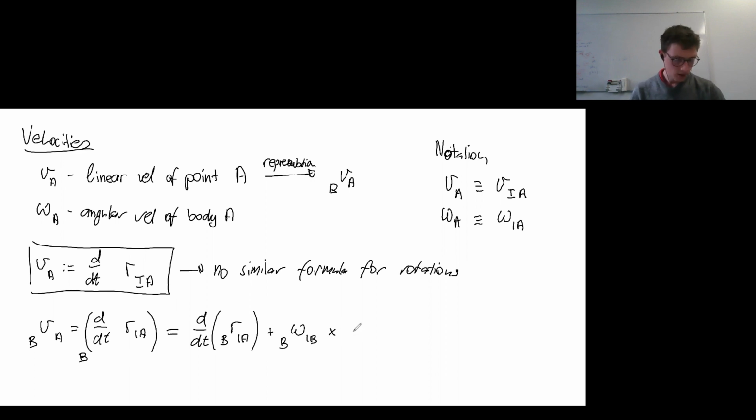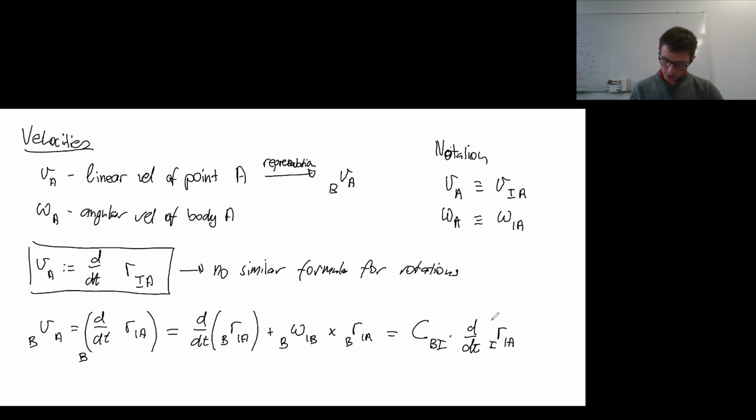So cross product r_IA in B, which is at the end the same as directly transforming the time derivative of our r_IA in I.